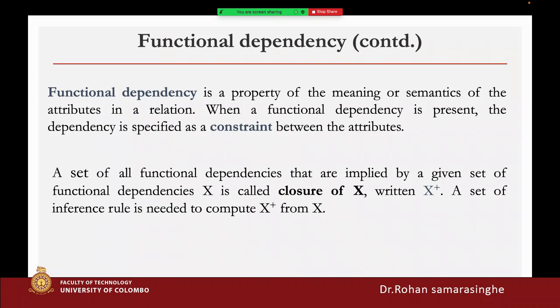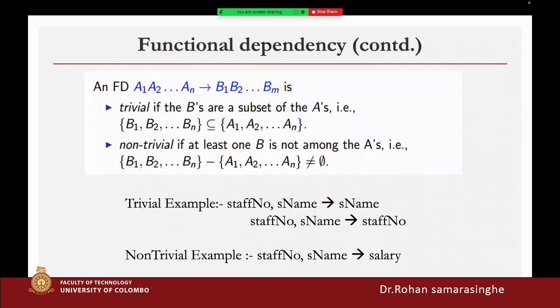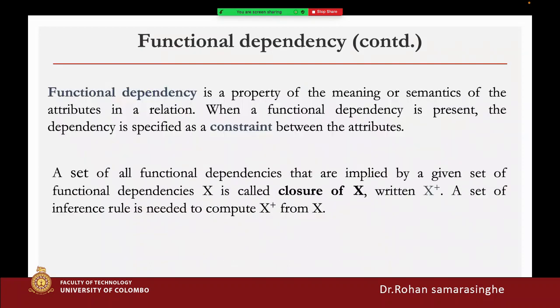Functional dependencies also can be trivial and non-trivial. We'll see what that is.